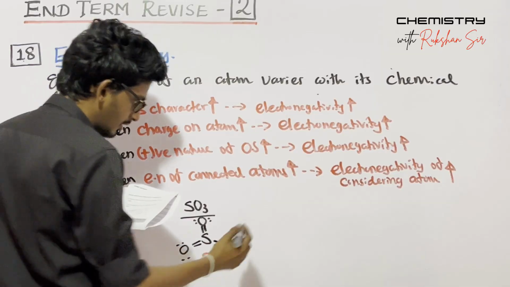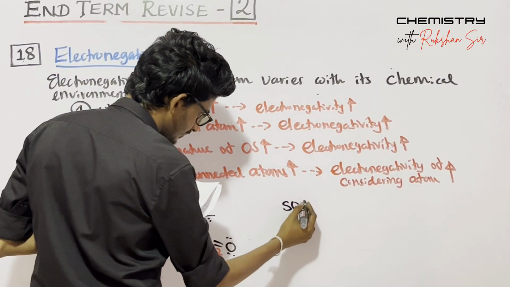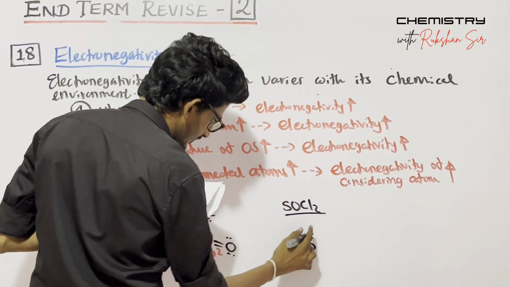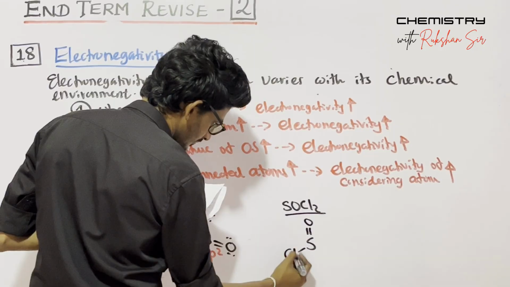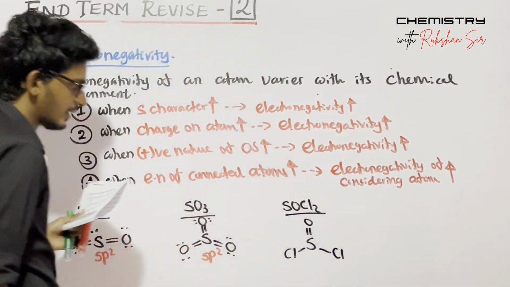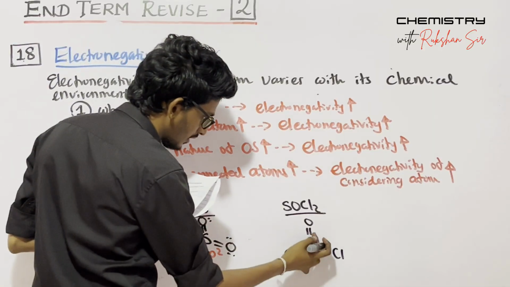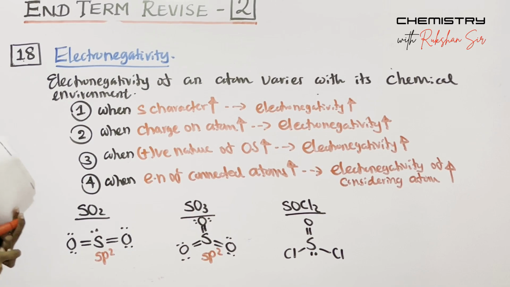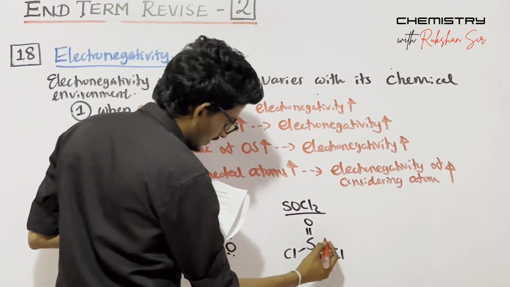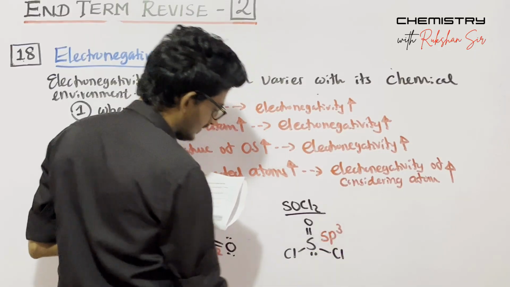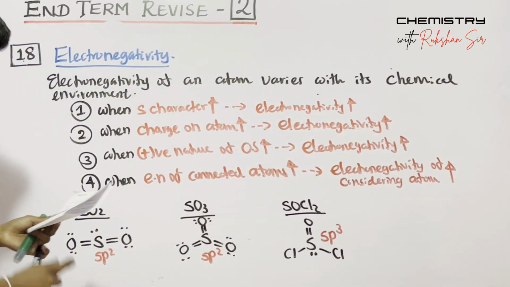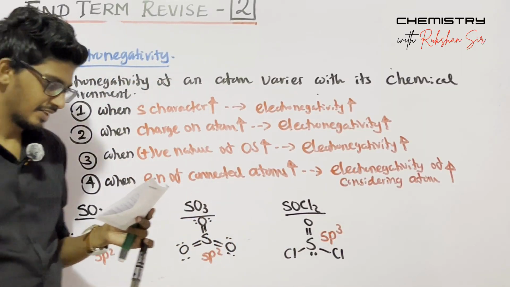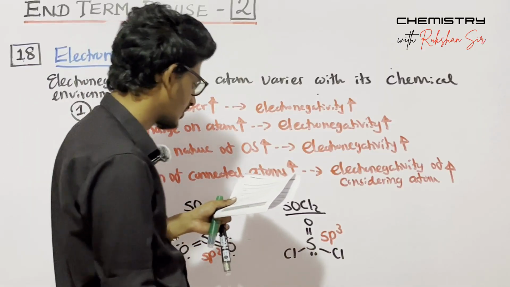Then you have SOCl2. So 1, 2, 3, 4, 5, 6. Six electron pairs should be there around sulfur, so sulfur carries sp3 hybridization. They are looking for which one has the least electronegative sulfur atom.